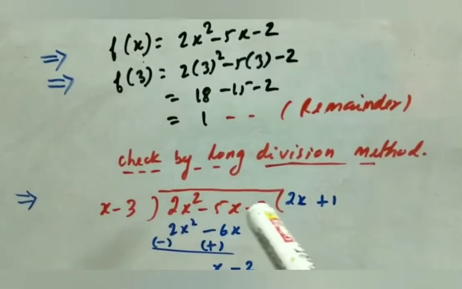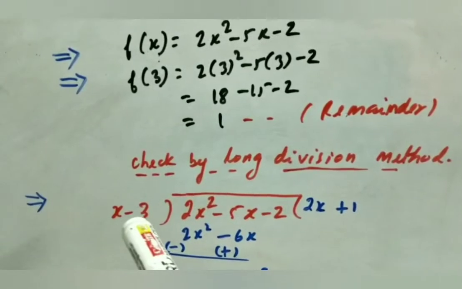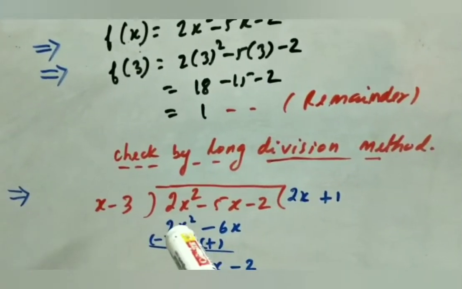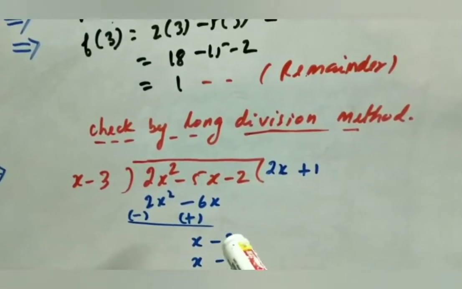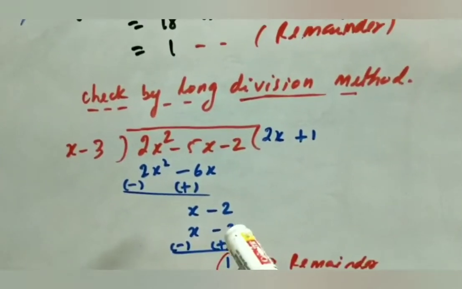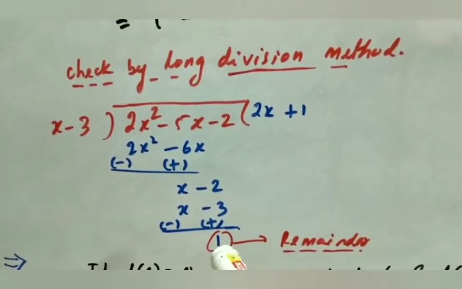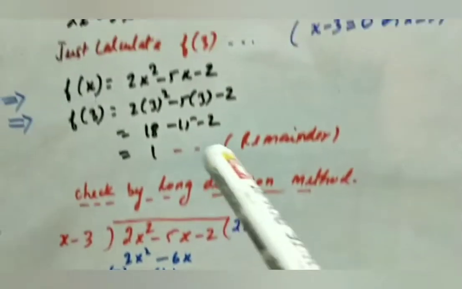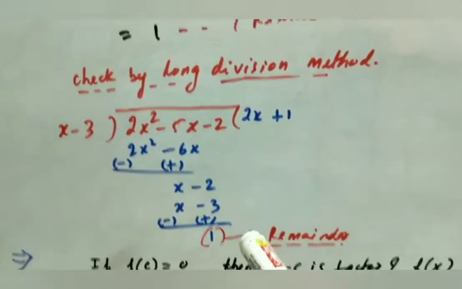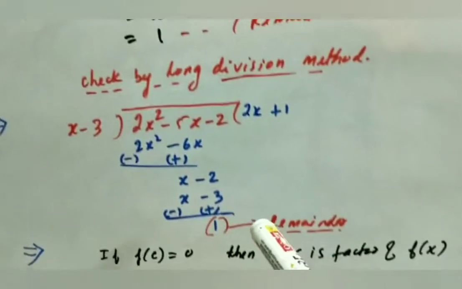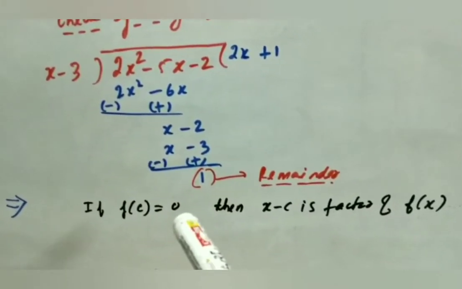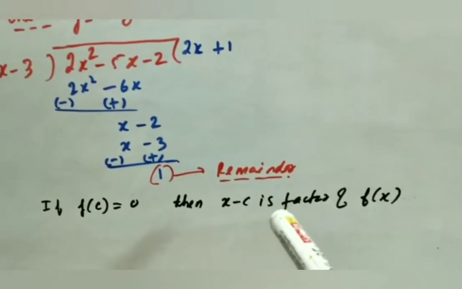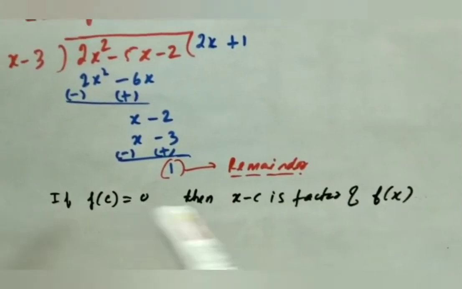So this is the f(x) dividend and divisor. x into 2x, 2x square, 2x into minus 3 minus 6x, you get remainder x minus 2, which is 1. See, you will find remainder is 1. So here also the remainder is 1. So your answer is correct. And this is a better method. And if the remainder is 0, then x minus c will become a factor of f(x), the factor theorem.